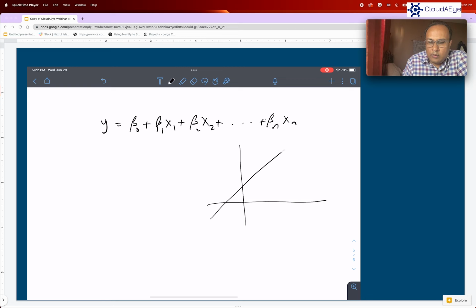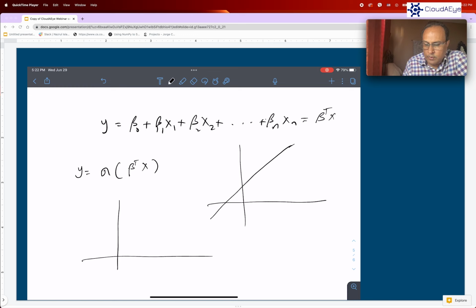And in logistic regression, if we call this very simply just beta transpose x, we are saying y is the sigmoid of beta transpose x, such that instead of this line, we have this S-shaped curve that I have just shown you, which is bounded between 0 and 1.